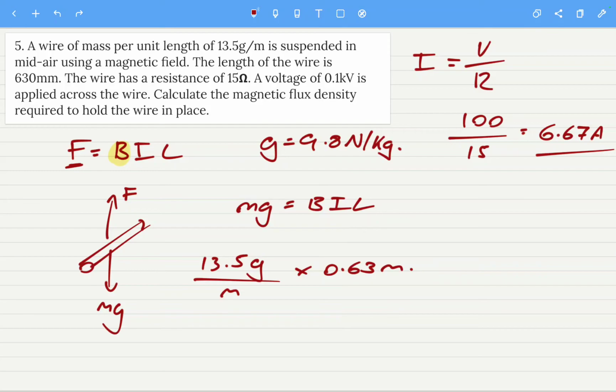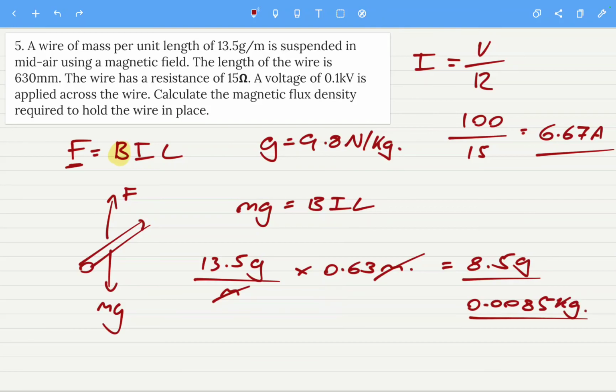And I've written it like that so you can see that the meters actually cancel out. And we end up with 13.5 times 0.63 and it'll give us an answer in grams. So the wire has a mass of 8.5 grams. And then what we need to do with that is obviously convert that into kilograms by dividing by 1,000. So that's 0.0085 kilograms.